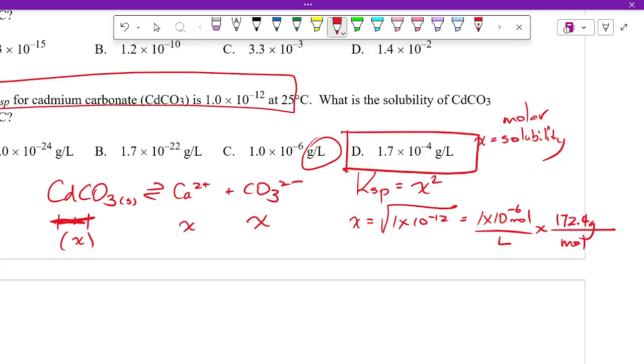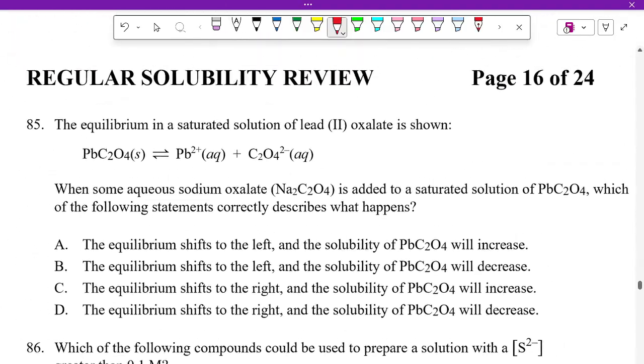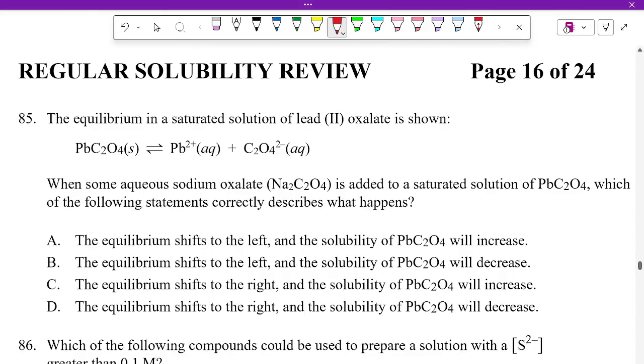Next one is number 85. We have lead oxalate. What happens when we add some sodium oxalate? Well, we're adding oxalate ions.